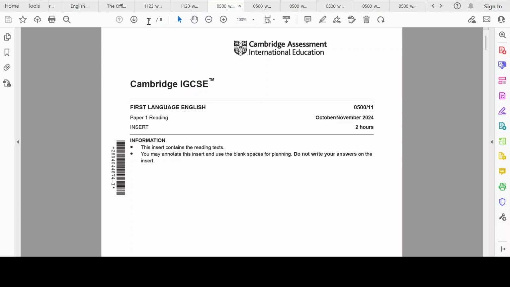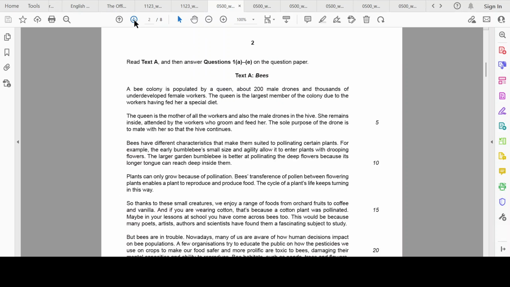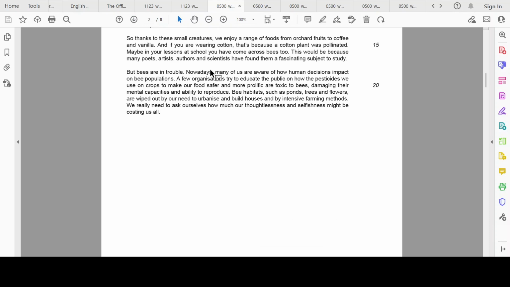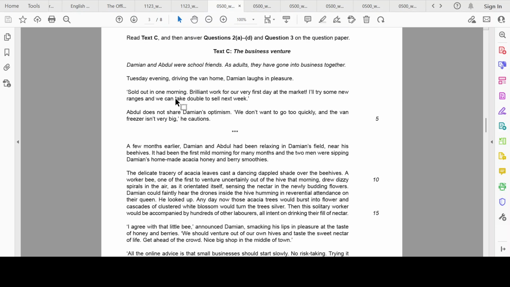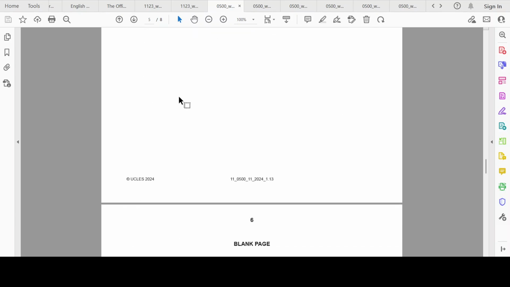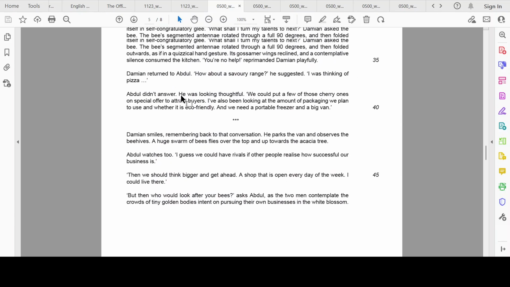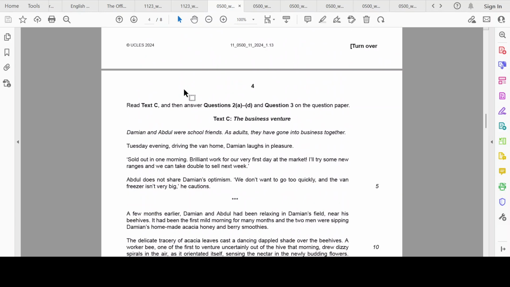So let's take a look at this. You have inserts, text A, which is not very long, as you can see, then text B, and text C, which is about the length of comprehension that we would come across.